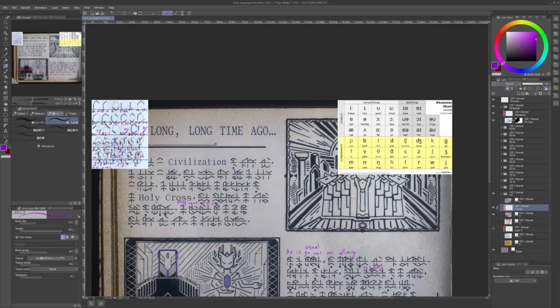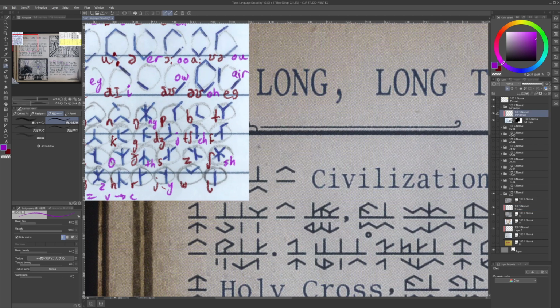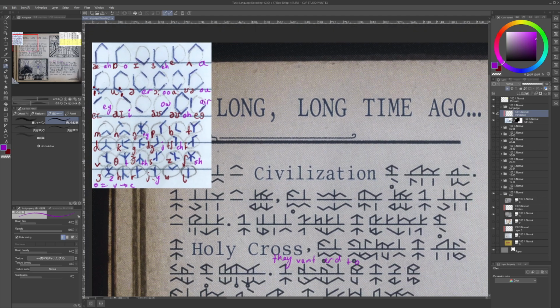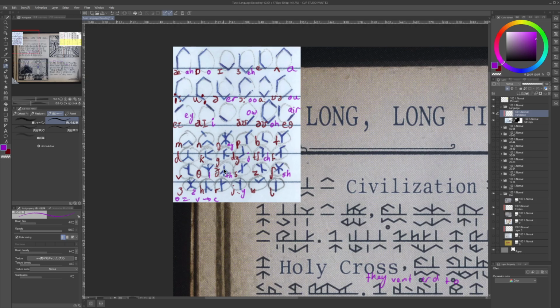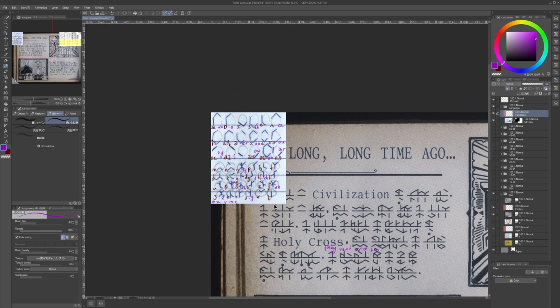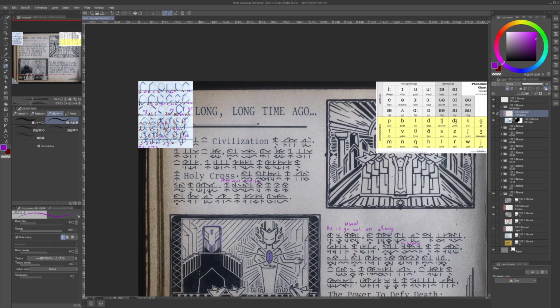Yeah, okay, so that's the only one we're missing, the theta. So it has to be that one by process of elimination. So think, this. So this is kind of more like an F. And that makes sense, it's the same thing, but one's voiced, one's unvoiced, so it's like flipped upside down, probably.